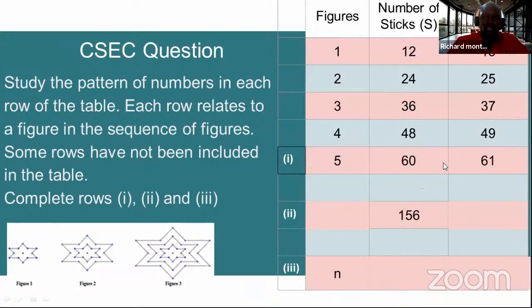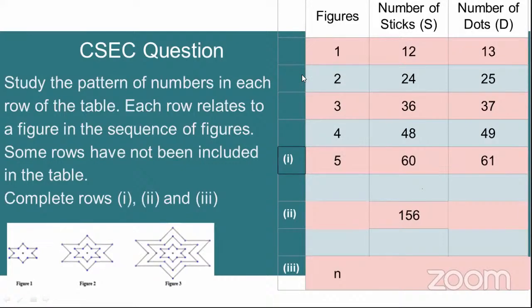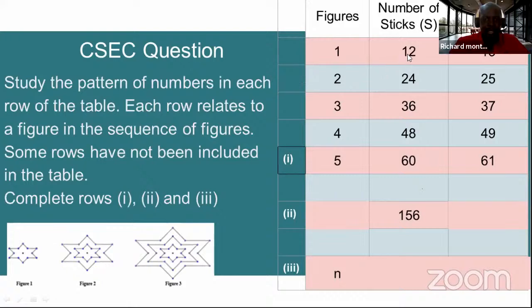All right, so now at this point, we want to complete row 2. So I'm seeing 13 and 157. All right, great going.